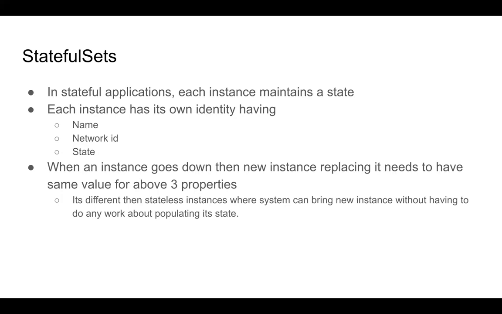Now when pod 1 goes down, there will be a new pod replacing this crashed pod. This new pod needs to have the same state as the pod which crashed, the same host name, and the same network ID.